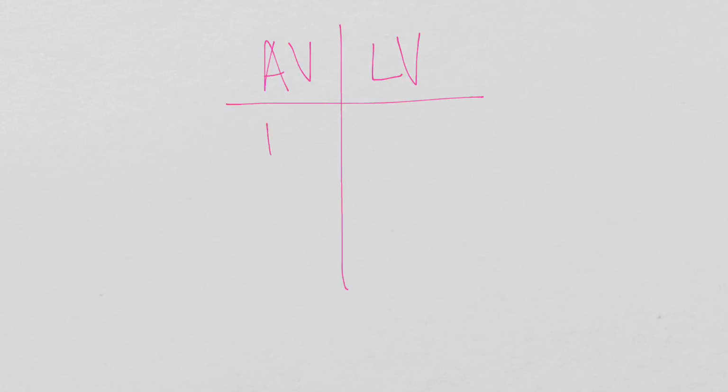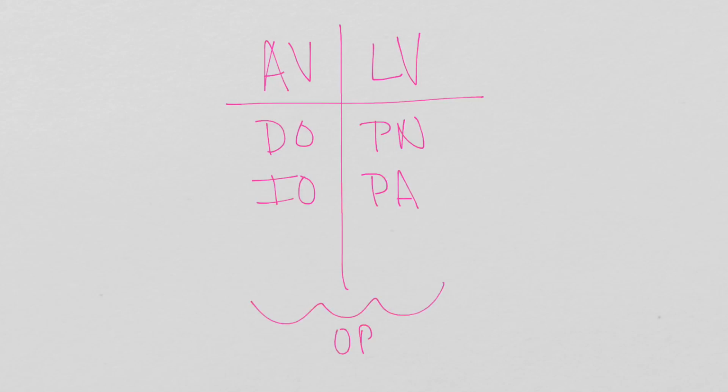All right, you guys, so we covered the chart to help us remember direct objects, indirect objects, predicate nouns, and predicate adjectives. We know that a direct object comes with an action verb, and the direct object receives the action of the verb.